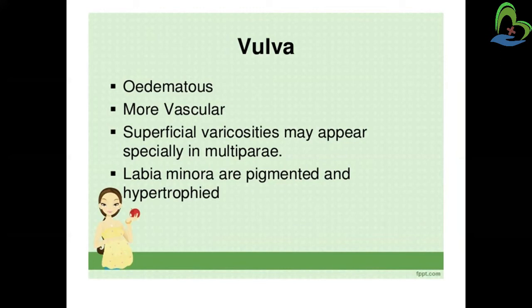Viable means a living child, having a living child more than one time. Labia minora are pigmented and hypertrophied. Hypertrophied means a cell's size is enlarged, meaning the cells of the vulva region are enlarged.